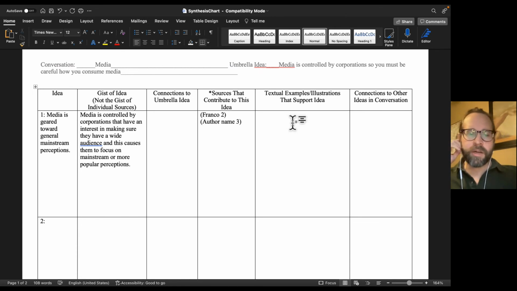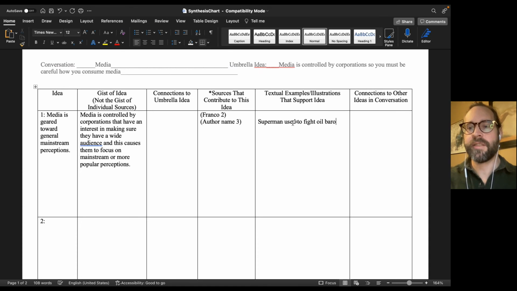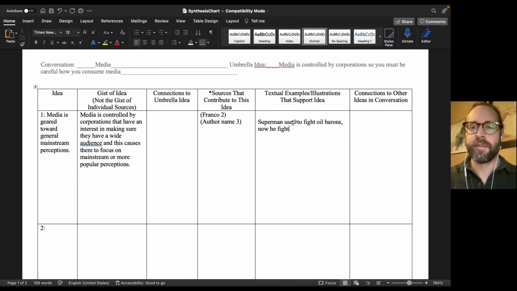So textual examples, or illustrations that support the idea. You can do a direct quote here. So you may say something like, according to Franco, Superman used to fight oil barons, now he fights corporations, right? And that's the example that is supporting this idea, that media is geared towards mainstream perceptions. And then connections to other ideas in the conversation.